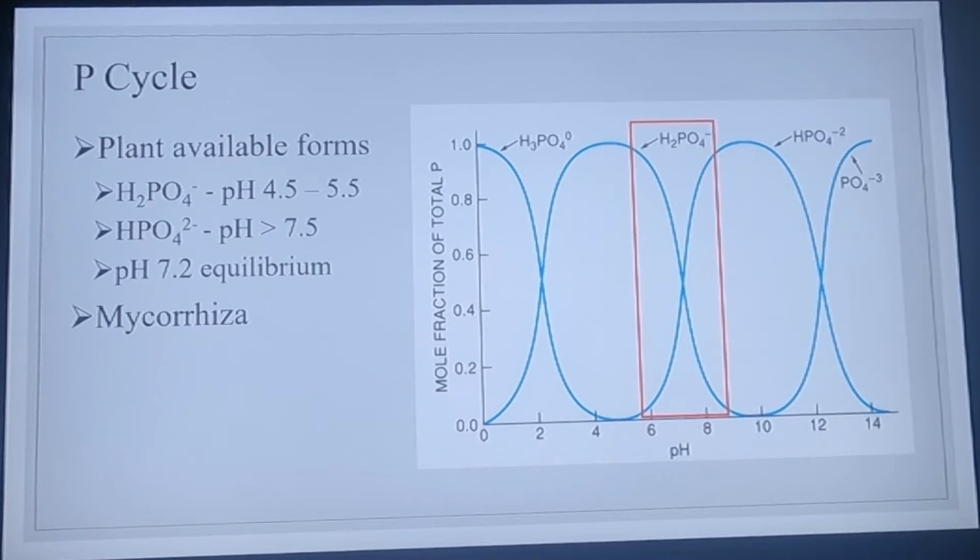Probably high. It's correct. So the more hydrogen, the lower the pH. Y'all look at this H2PO4 negative. That's kind of the indicator that if your soil is acidic, so we have a high hydrogen concentration.